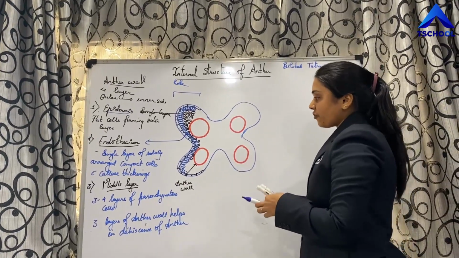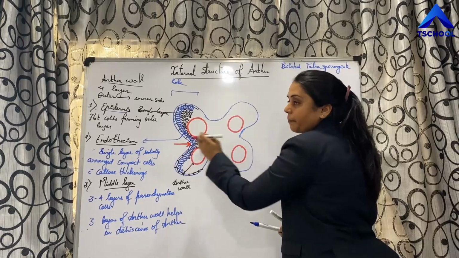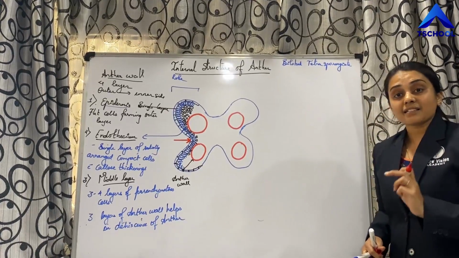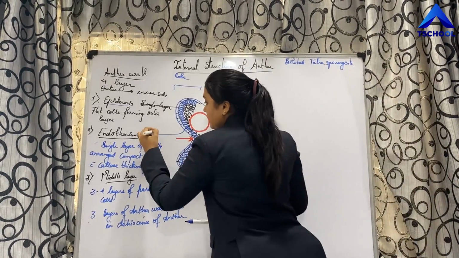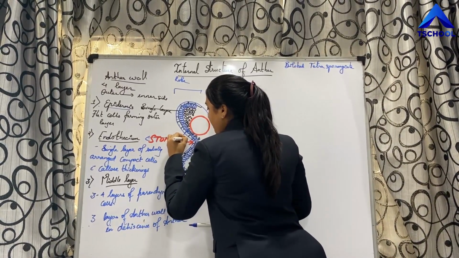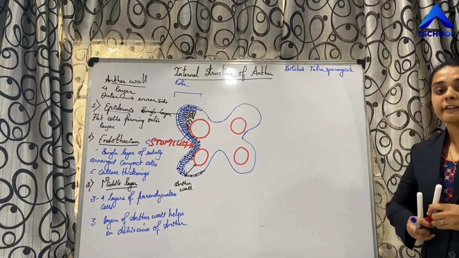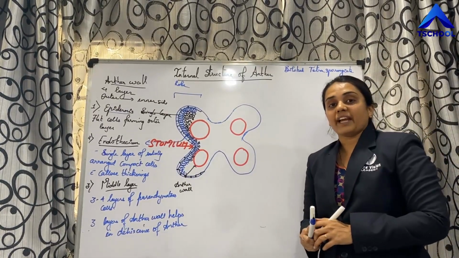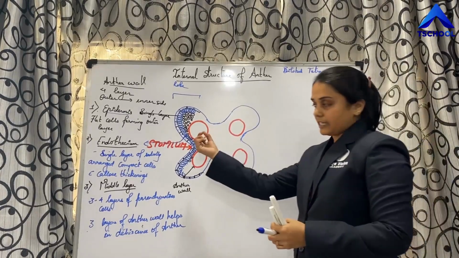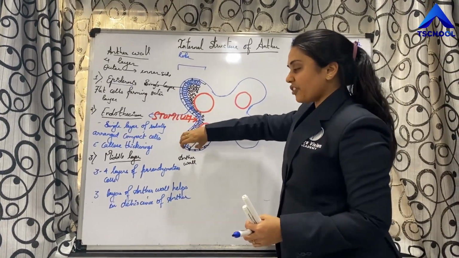This dehiscence of the anther will take place from this place. This is the part from where dehiscence of the anther takes place. This part is called stomium. It is called stomium, where dehiscence of the anther takes place. We know the anther wall, and these are the 3 layers of the anther wall.